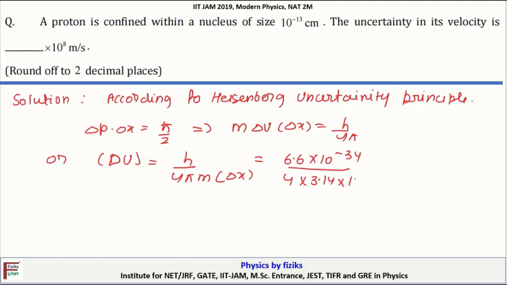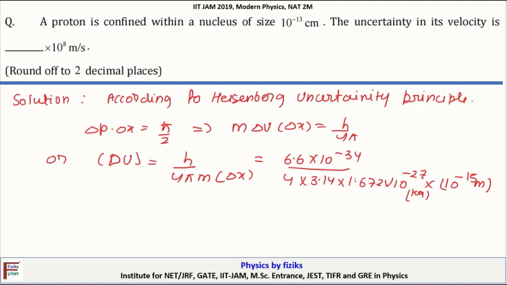Mass of proton is 1.672 times 10 to the power minus 27 and delta X is 10 to the power minus 15 meter. You can check it out.